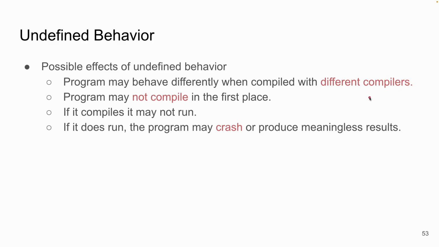So you have the same code, but your teammates use Clang and you use GCC, then there's a high chance that the outputs of your code are different if you have undefined behavior in your code.